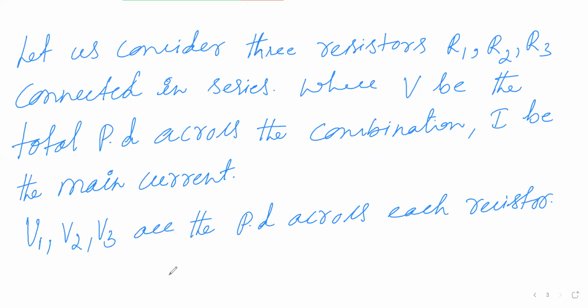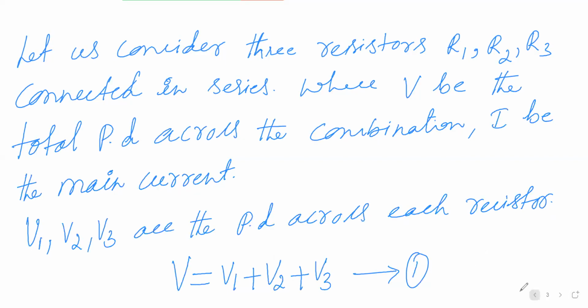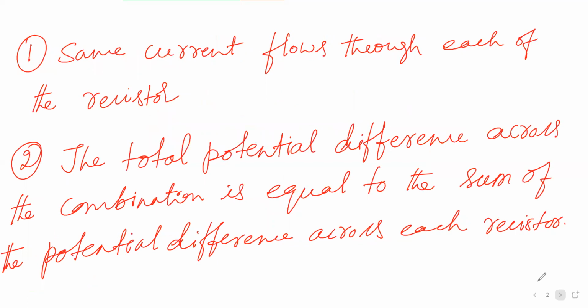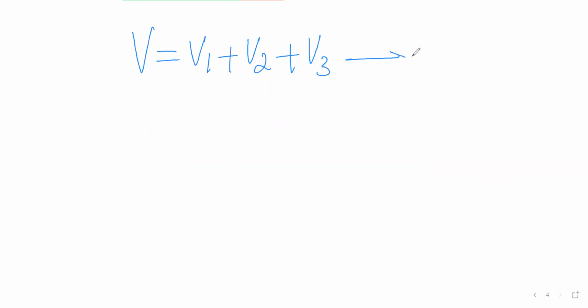Correct? So now we can write V equals V1 plus V2 plus V3. This is the total potential, and we call it equation number 1.